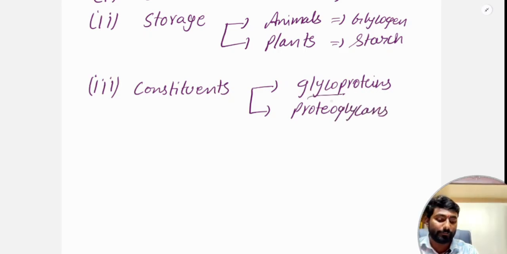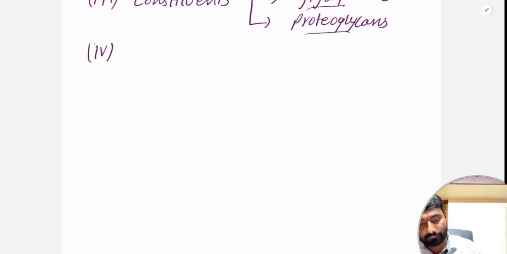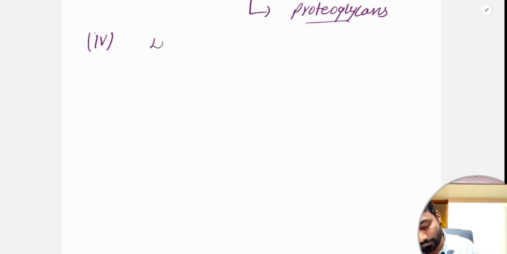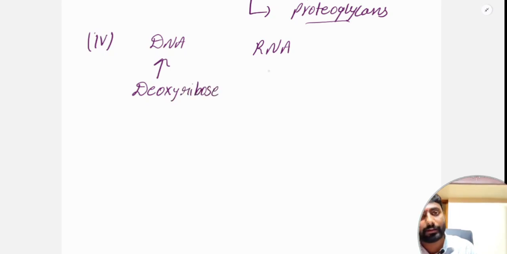Don't worry about these wordings. We will discuss each and everything later. Okay. Next, the backbone sugars of DNA and RNA are from carbohydrates. In DNA, it is deoxyribose sugar, and in RNA, it is ribose sugar, respectively. Got it?